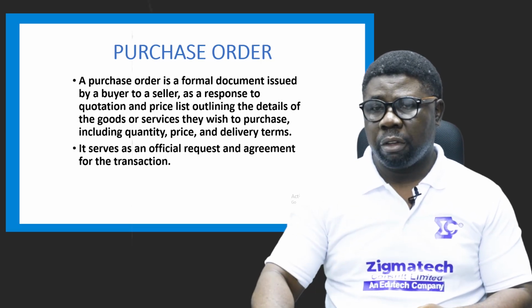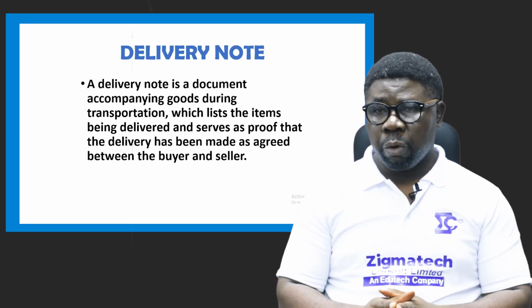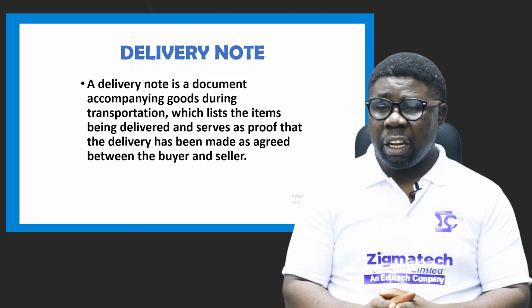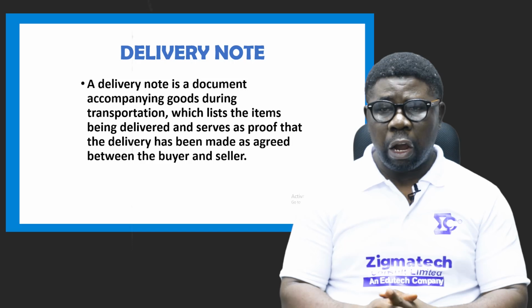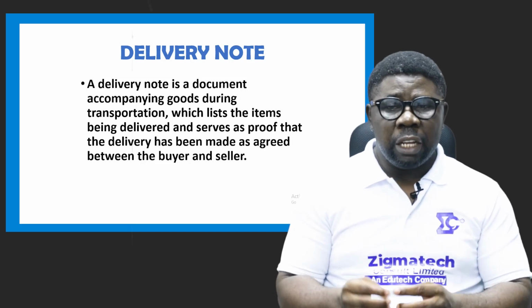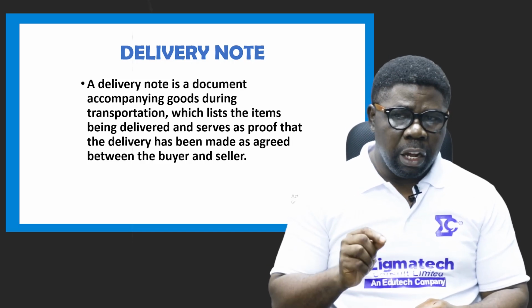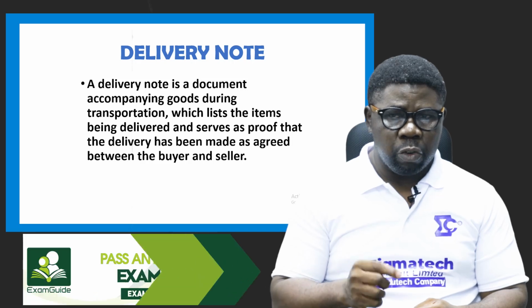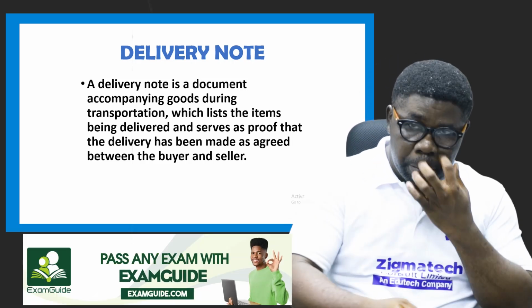Then we have delivery note. Delivery note is not exactly the same as advice note, okay? Now, a delivery note is a document accompanying goods during transportation, which lists the items being delivered and serves as a proof that the delivery has been made as agreed between the buyer and the seller. You see, the other one is to inform that the goods are on the way.